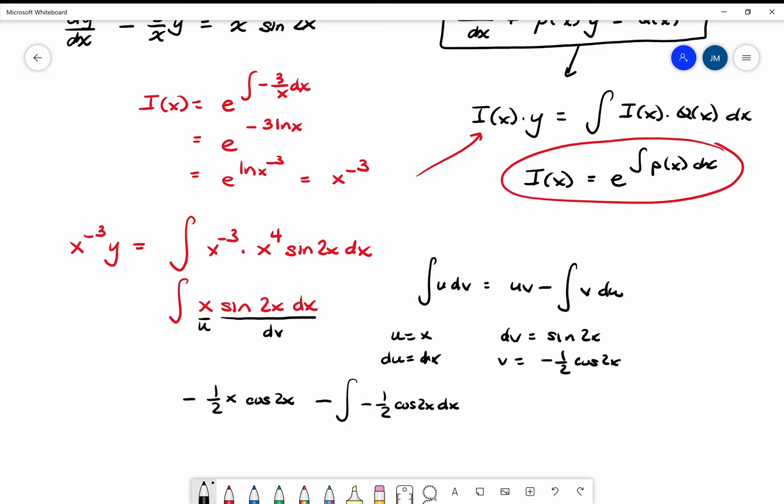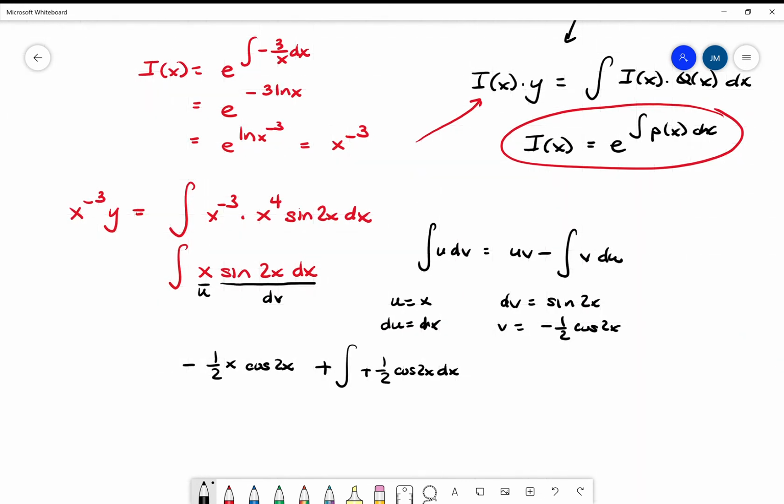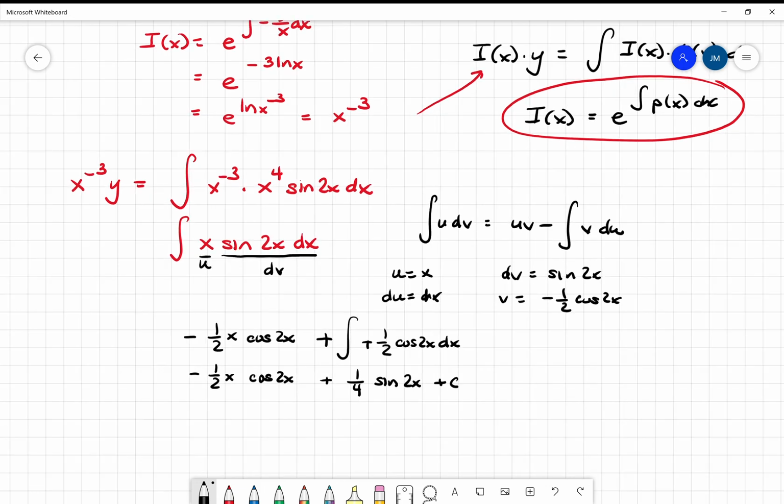Now I have minus a negative 1/2, so that's plus a positive. And we quickly see that this is negative 1/2 x cosine 2x plus 1/4 sine 2x plus c, because you already have the 1/2, and then integrating again gives you another over 2.